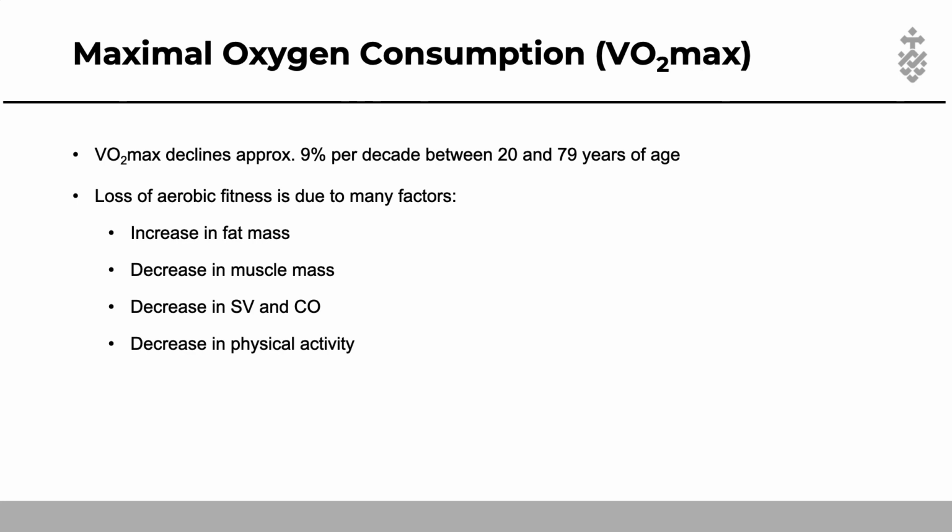And this loss of aerobic power, this loss of maximal oxygen consumption, is caused by many factors, including an increase in fat mass, along with a simultaneous decrease in muscle mass or lean mass. We also see decreased cardiac output along with decreased stroke volume. And we have this decline in physical activity during our older years, which can lead to detraining and a decline in our aerobic capacity.